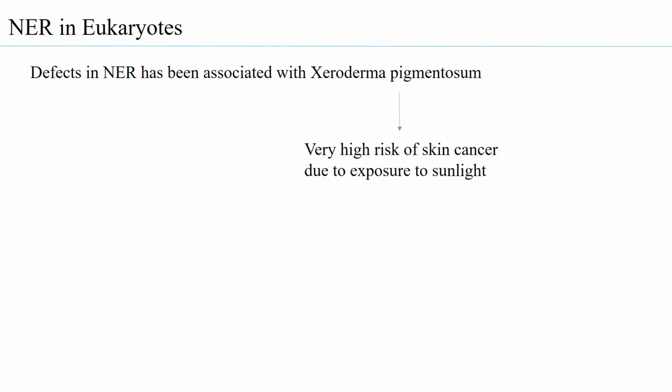What has been observed is that patients suffering from xeroderma pigmentosum are at a very high risk of skin cancer due to exposure to sunlight. The reason being that UV induced damages are not being repaired as the NER mechanism is defective.